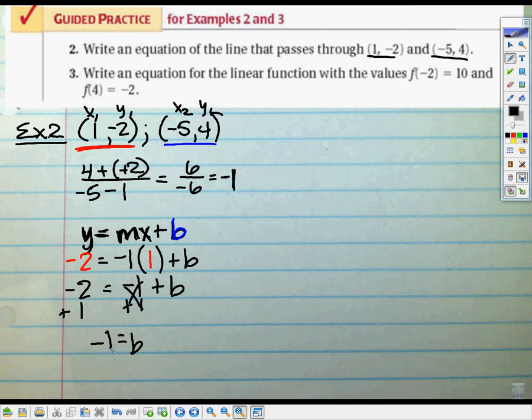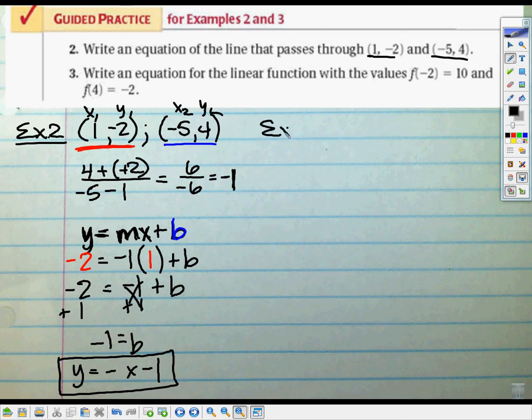Now we have enough information to write our equation. Our final answer is y equals negative 1 times x, and the y-intercept is negative 1. Most of the time when you write that equation, you would leave out multiplying by 1. You get y equals negative x minus 1, and that's your answer.